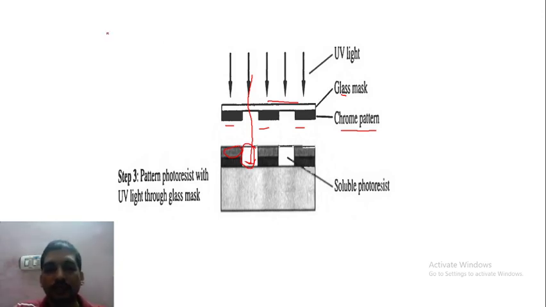So when light falls onto this photoresist, the portion where light comes becomes liquefied and soluble, and the photoresist is removed easily. When it is removed from that portion, the material which we have deposited initially can be etched away easily. In the remaining portion, the material is covered by photoresist and hence will not be dissolved.